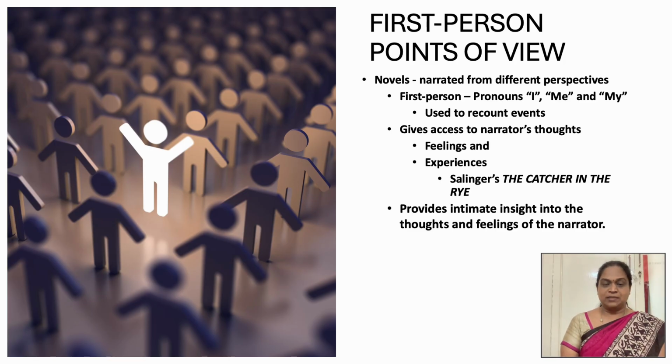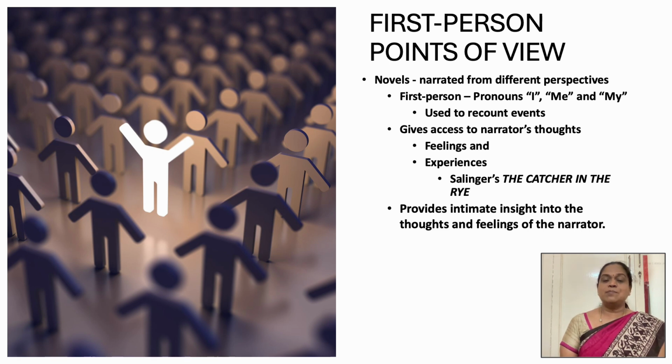To start with, we have the first person narrative mode or point of view, which is normally abbreviated as POV. Novels are generally narrated from different perspectives. In a first person point of view novel, you will find pronouns like I, me, and my being used to recount events.